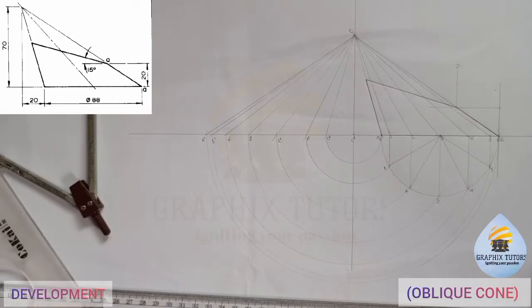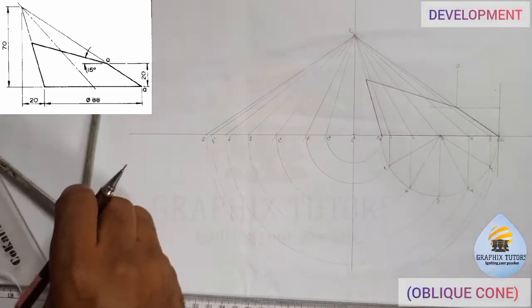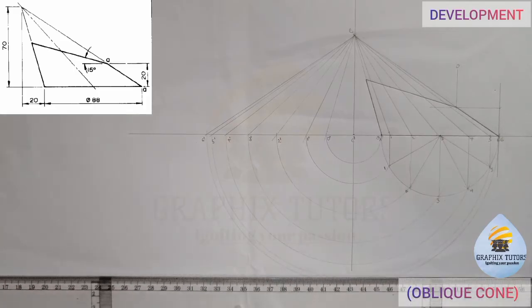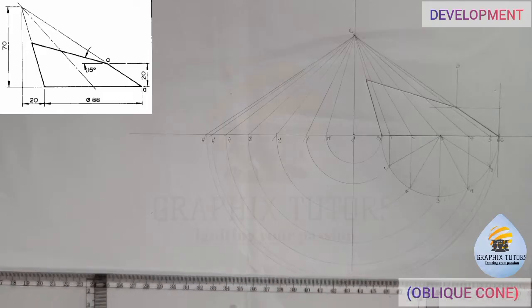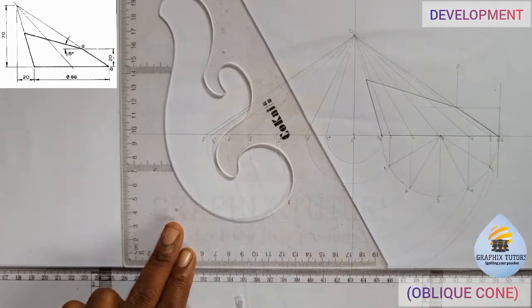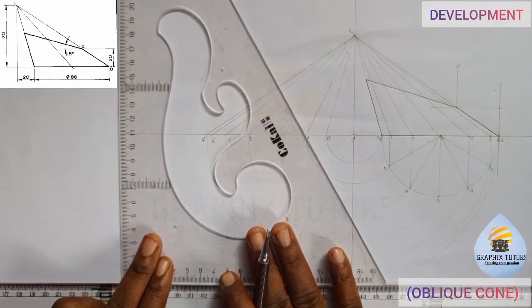At this point here now, after I've done all this, the next thing is the same we did in the previous video. I'll come to any given point here. Let me rearrange this. Now we want to develop. So I'll take my set square and draw a vertical line at any given distance on your drawing sheet, right?